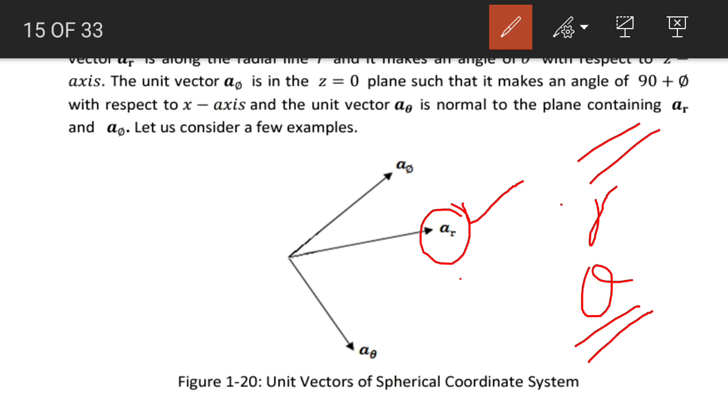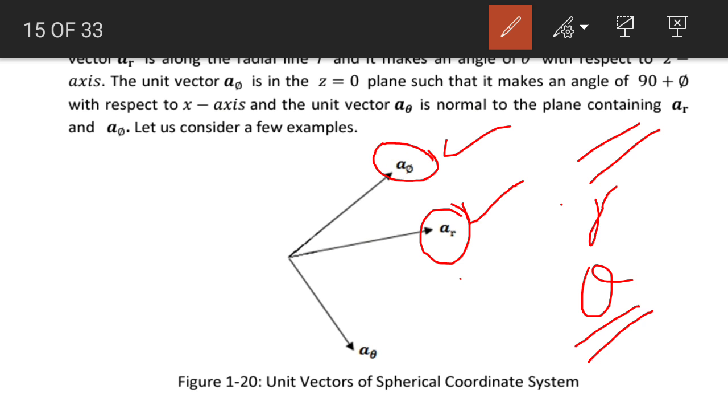So a_r is always along the radial line r, and this unit vector makes an angle theta with respect to the z-axis. Now we have already explained the unit vector a_phi in the cylindrical coordinate system.